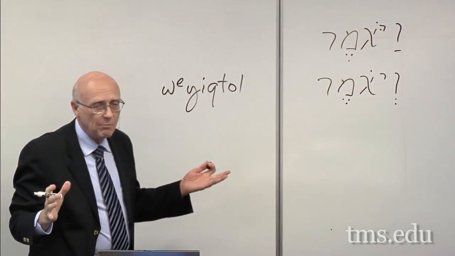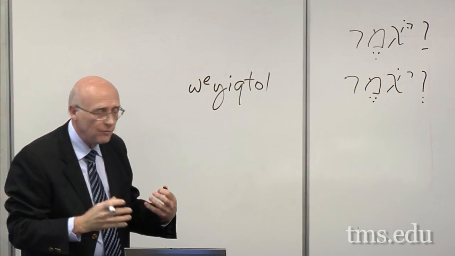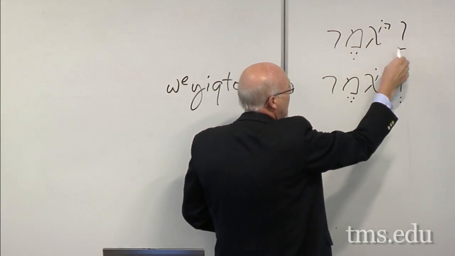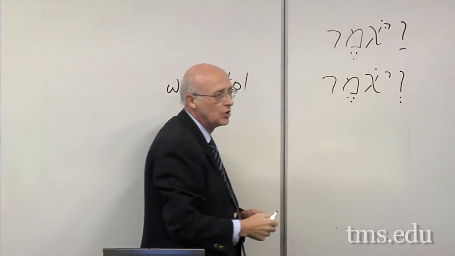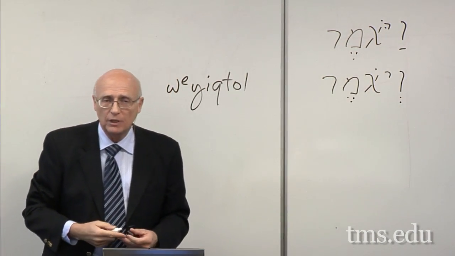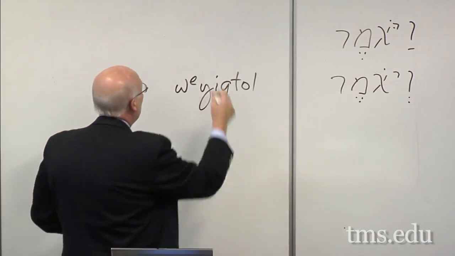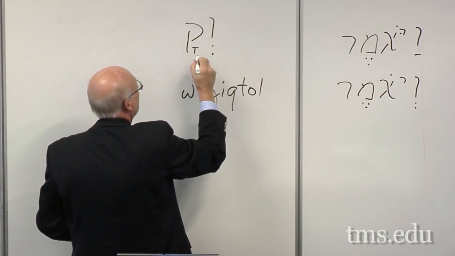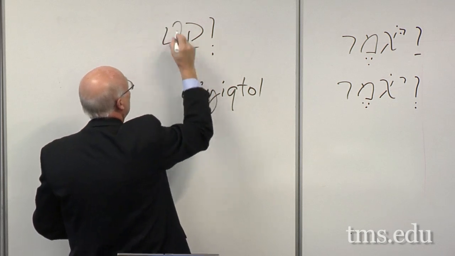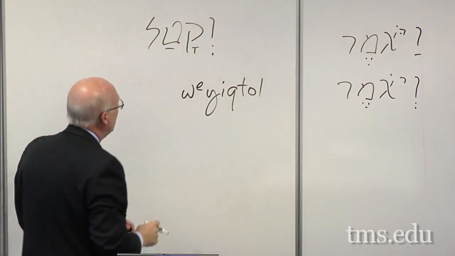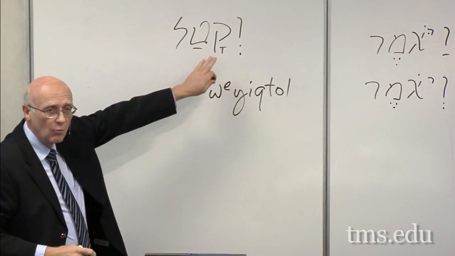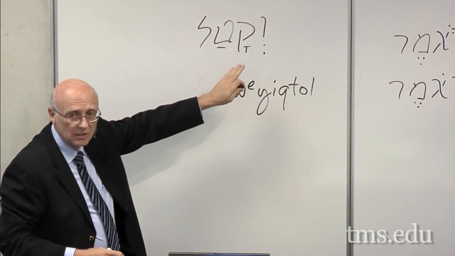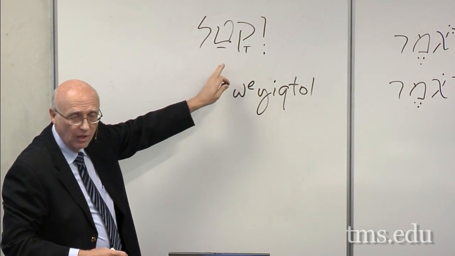The same thing happens in the perfect, except in the perfect, you don't have a distinguishing mark like the A-class vowel in the waw and the dagesh in the prefix letter of the imperfect. Because when you look at the weqatal, that is either a waw correlative perfect, or it is a simple waw plus perfect.